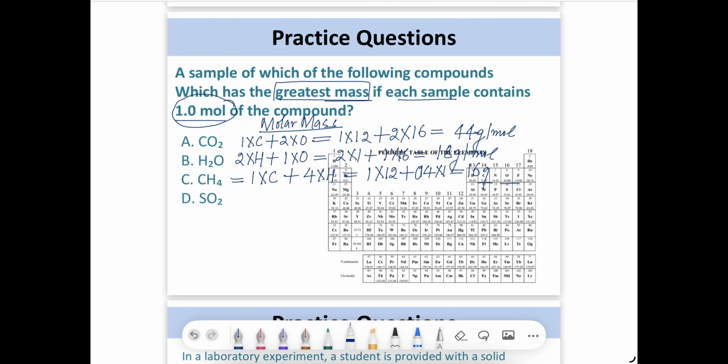So it comes to 16 grams per mole. Similarly, sulfur is 32, oxygen is 16 times 2, so it comes out to be 64 grams per mole. So which of them has the greatest mass? It's all about reading the question correctly so that you can answer the question. I would suggest you think properly before jumping to the answer. So here you go. The answer is going to be D.